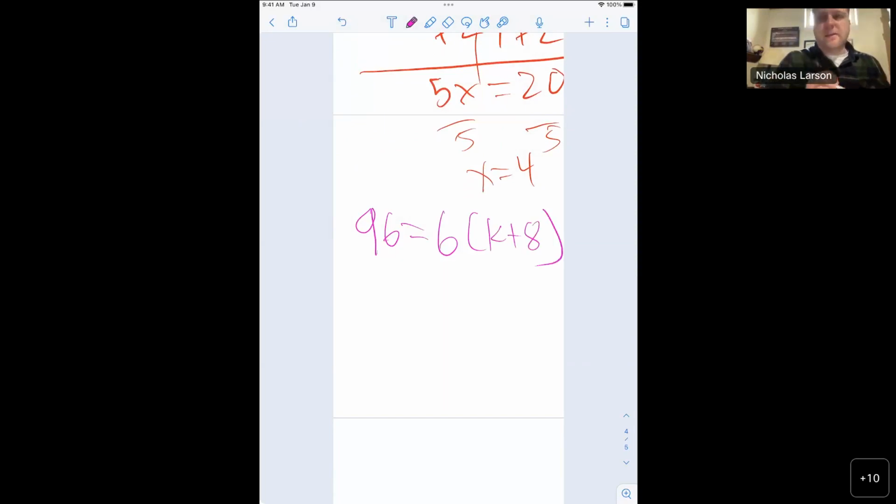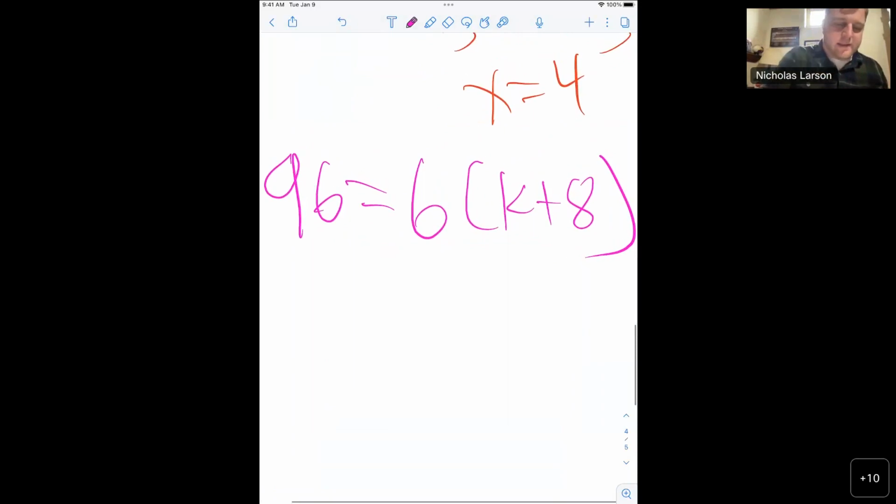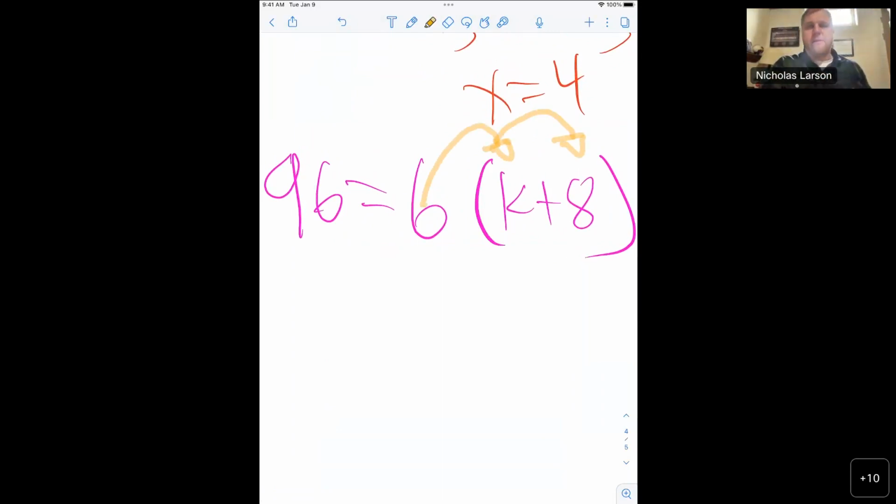The easiest way to solve this one is, let's look at the right side. This says 6. The distributive property tells me 6 multiplies into every single point in here. So if I do 6 times k, 6 times 8, or I can, instead of doing that, I can divide by 6.